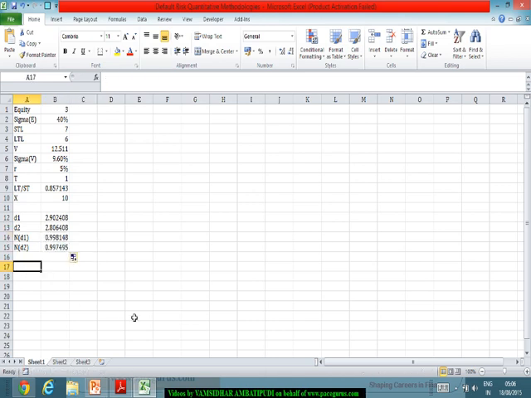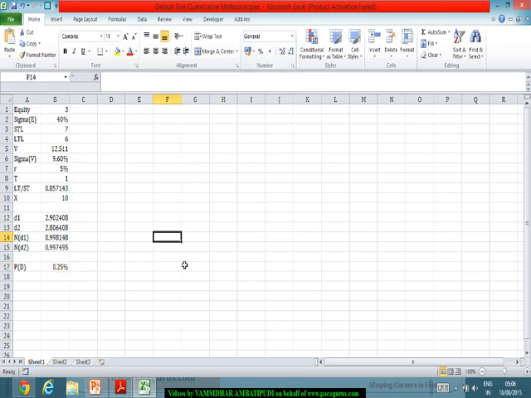And from here we are talking about N of minus D2. If I want to find out the probability of default, we say N of minus D2, which is nothing but 1 minus N(D2). So it comes out to be this kind of a number. So the probability of default that comes out through this Merton model is coming out as 0.25%.